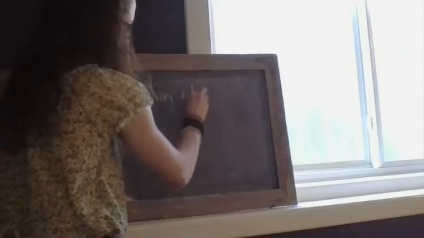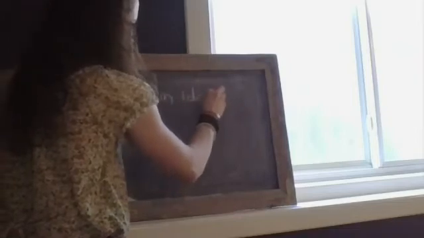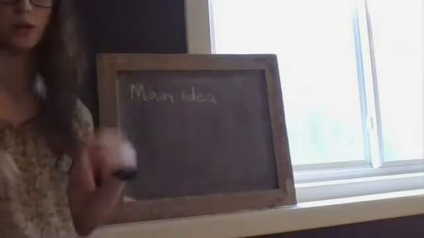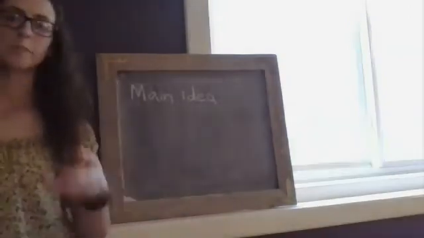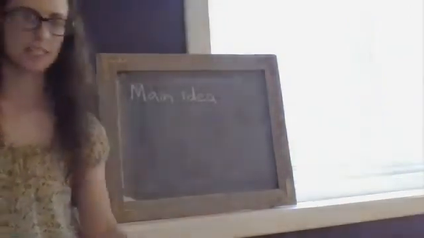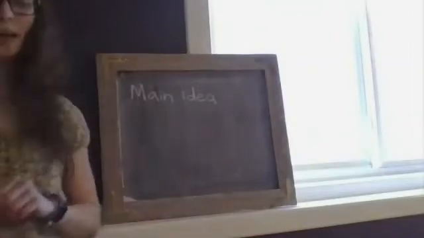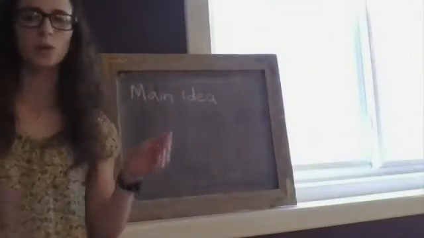Let's see. So while you are reading, I am going to have you write down the main idea of the section. So if you're reading the section, the journey, what is the main idea of that section? You're also going to write down whether that main idea is stated or implied.